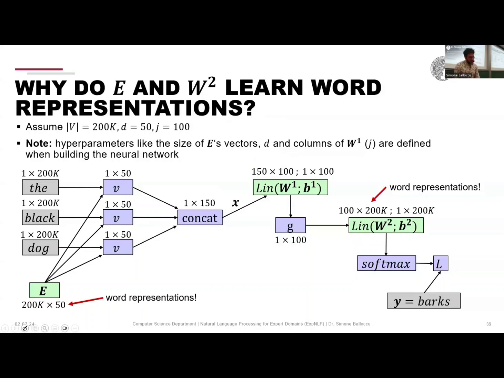And now you see why W2 learns a representation, because it's literally a different representation of the vocabulary. It has 100 rows and 1 column for each entry of the vocabulary. It's just transposed. We're gonna have 1 times 200K for B2. The softmax is a vector, so again we follow the matrix multiplication and so on.